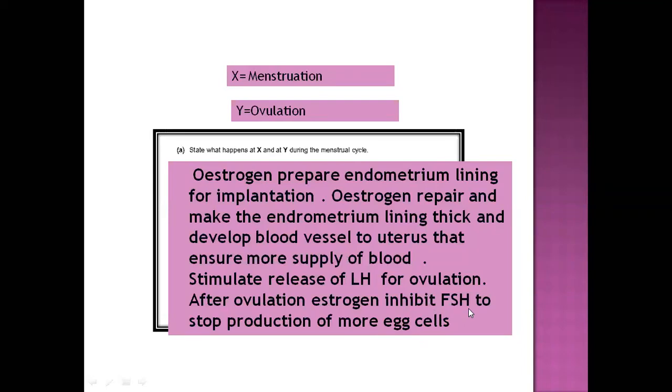FSH makes the follicle cells mature to produce the egg cell, but after ovulation, estrogen has an effect on FSH, so that it stops, and no more ova are produced, because one already went for the process of fertilization. So if that is fertilized, there is no need for more ova.